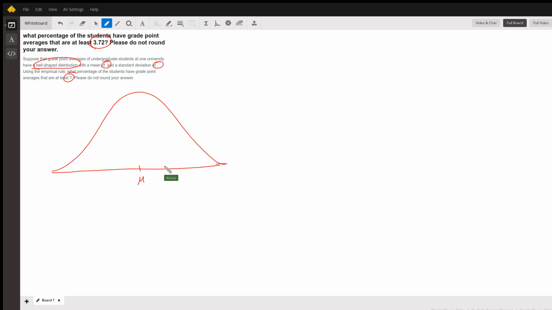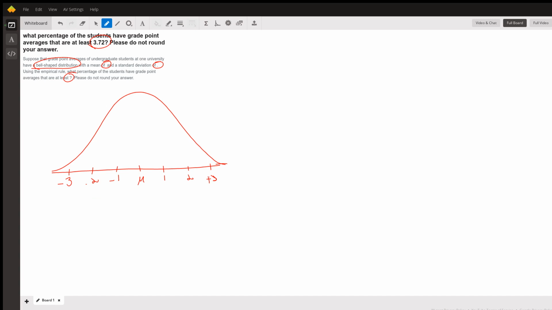And we can look at 1, 2, and 3 standard deviations above the mean, plus 3, and 1, 2, 3, minus 3 standard deviations below the mean. So these tick marks are 1, 2, and 3, minus 1, minus 2, and minus 3.